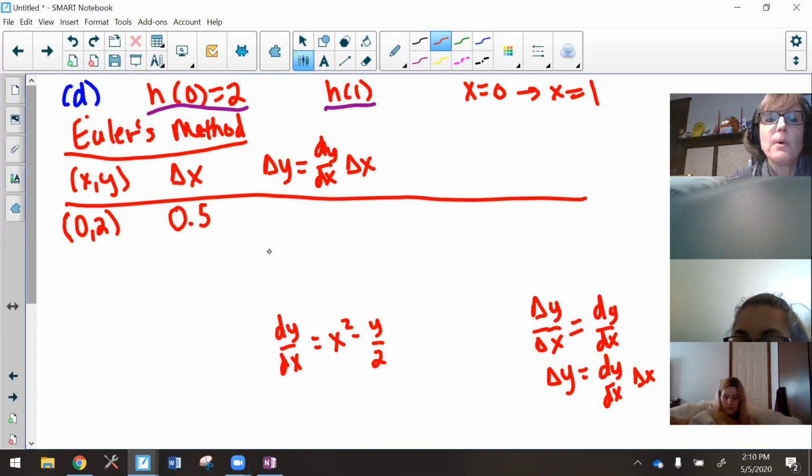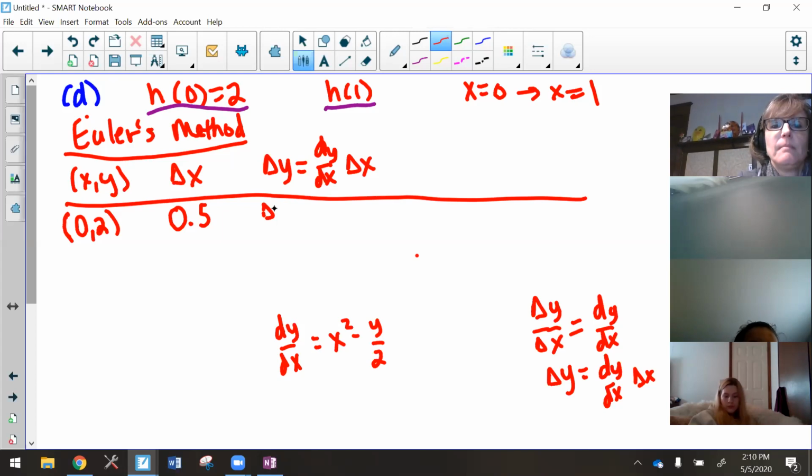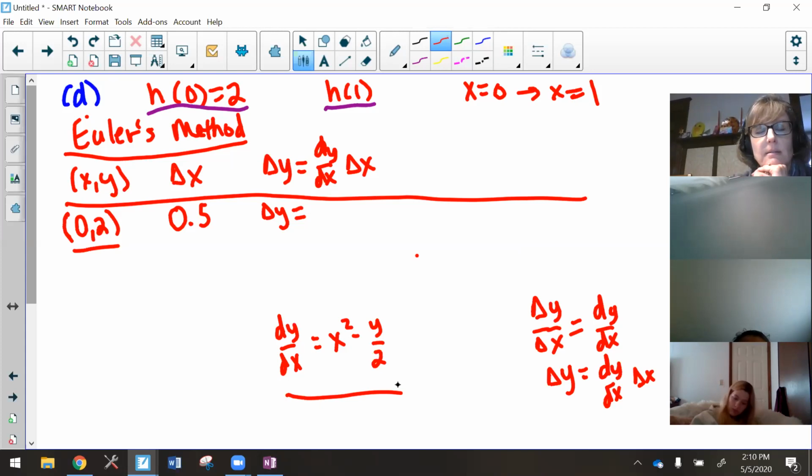So I've got this point 0, 2. I'm going to substitute it into here, into my dy dx. And what is that going to give me? Well, I'm using this point. There's no delta x in this equation.